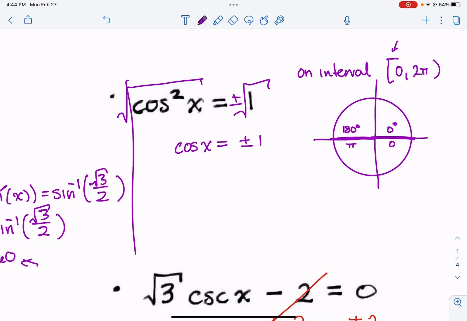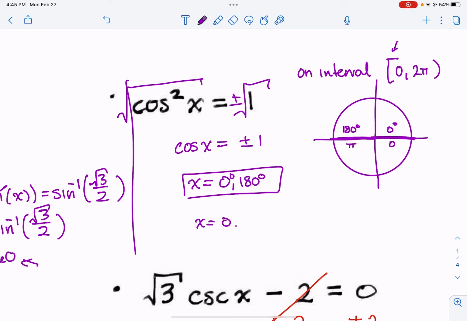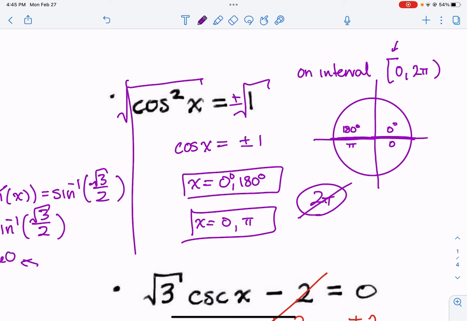So your answers here are x equals 0, 180 degrees, or you could write x equals 0 and pi. Either is fine. You just want to make sure we are not listing 2 pi, because it's not included in the interval. So you list 0 instead.